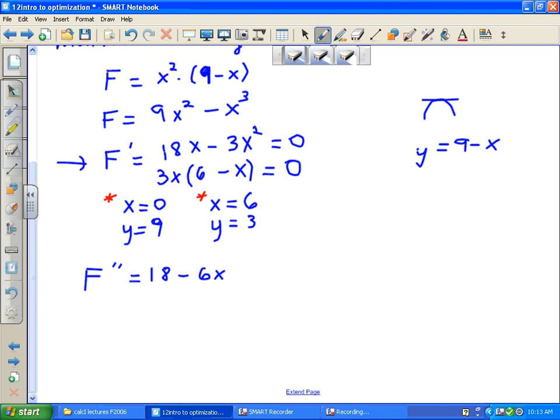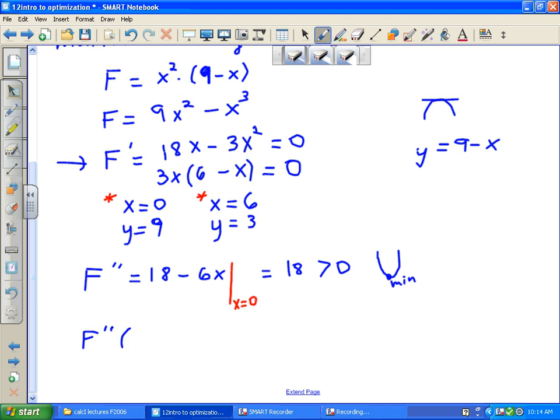Okay, so first evaluate this at the point x equals 0. And what do we get? We get 18, which is greater than 0, right? Positive. So that means the function is concave up. At that point, you're going to have a minimum. Then take the same second derivative function.